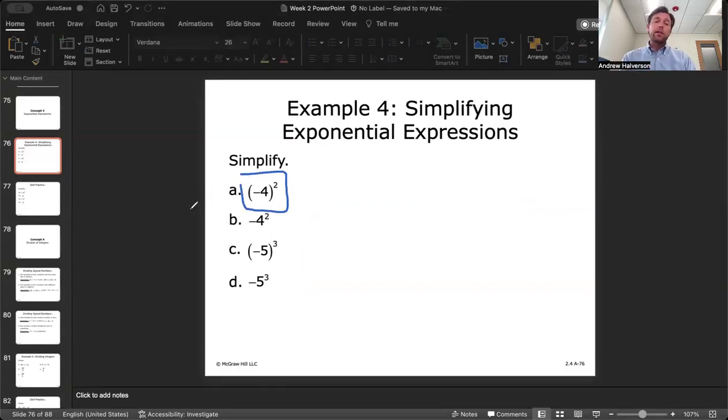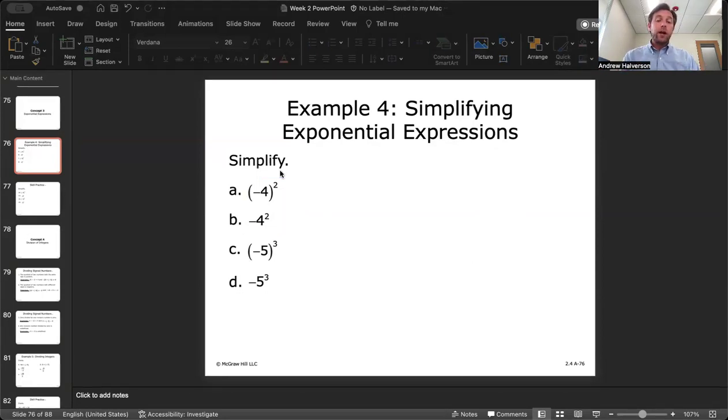Okay? So let's take a look at the first one, negative 4 to the 2nd power. Now take note here, we can compare and contrast the first 2. What's the difference between them? In the first one, the negative is trapped inside of the parentheses with the 4. In the second one, there is no parentheses. So what does this mean?